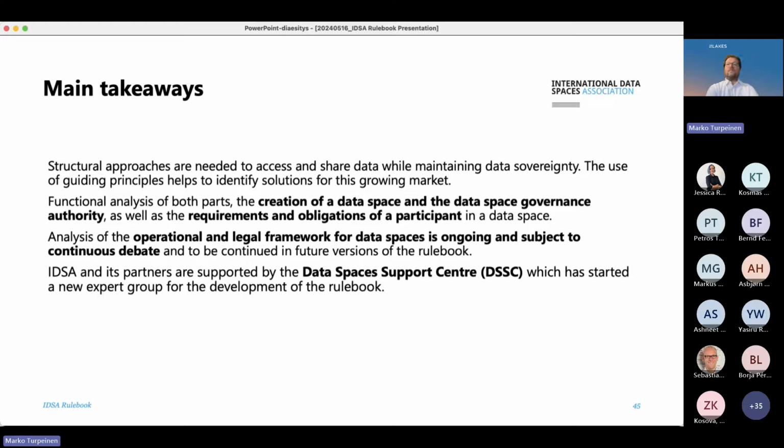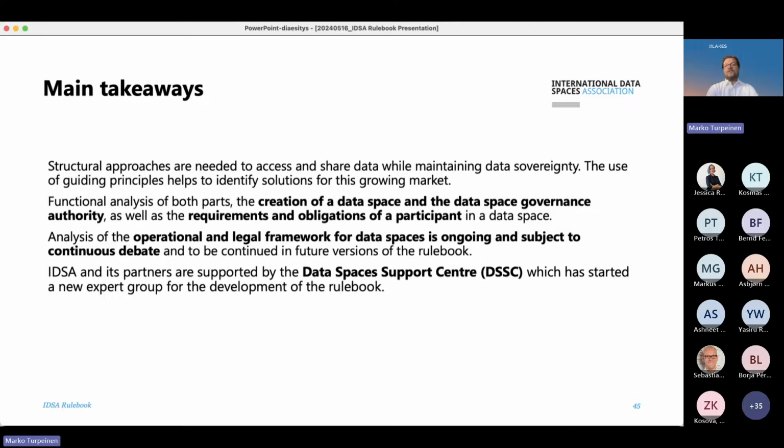What are the requirements and obligations if you are a participant of a data space? They are described in this rulebook, which then shows the different operational and legal aspects of how to actually run it when it is operational. How do you define these? This is ongoing work and will be continued in future versions of the rulebook.